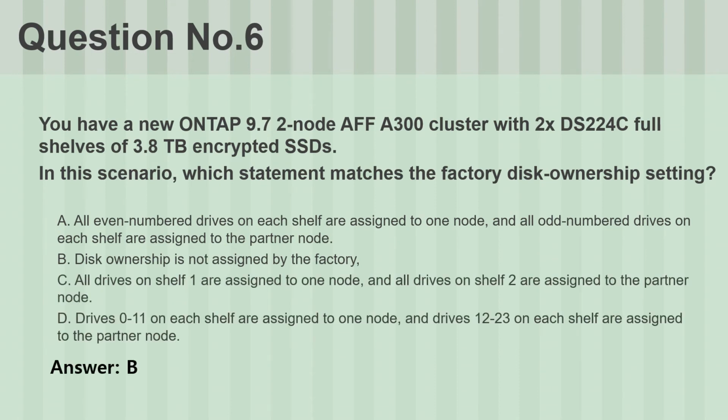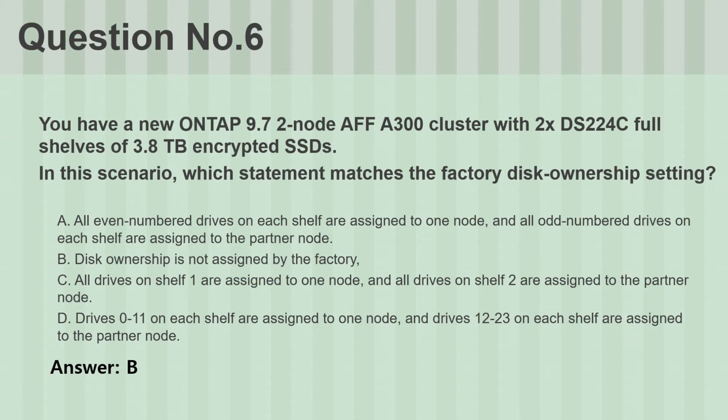Question number 6. You have a new ONTAP 9.7 2-node AFF A300 cluster with 2 X DS224C full shelves of 3.8 TB encrypted SSDs. In this scenario, which statement matches the factory disk ownership setting? A. All even-numbered drives on each shelf are assigned to one node, and all odd-numbered drives on each shelf are assigned to the partner node.